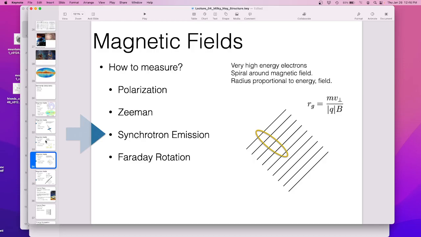So if I've got a magnetic field and an electron, because F equals qv cross B, electrons go on circles.